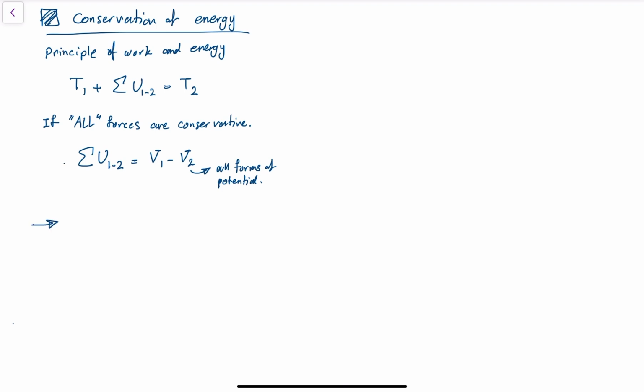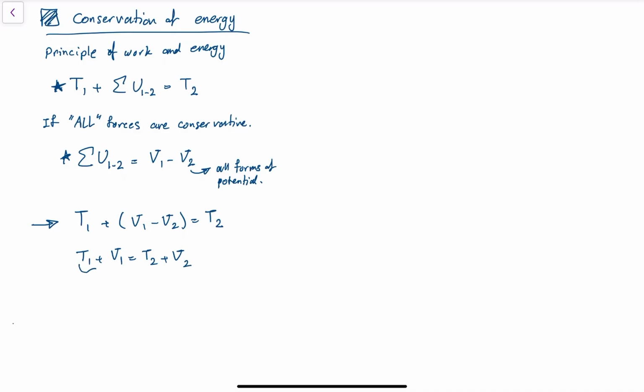Now combining these two, you have T1 plus V1 minus V2 equals T2. And rearranging some stuff, T1 plus V1 equals T2 plus V2.